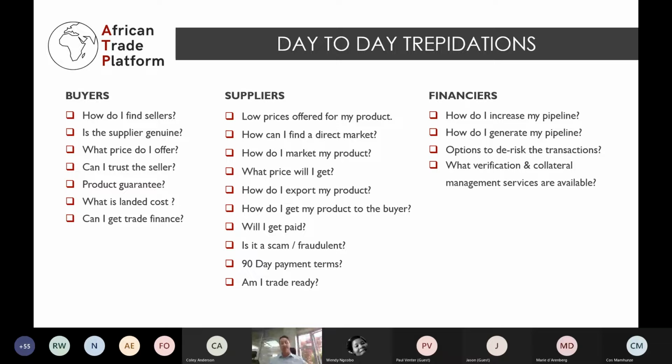From a supplier, how do I find the buyers? How do we find trustworthy buyers sitting in the US, for example? How do we know that they're real, that we're actually going to get paid for product that we deliver? And then from a financier's perspective, it's the various hurdles that financiers will go through when looking at various transactions.